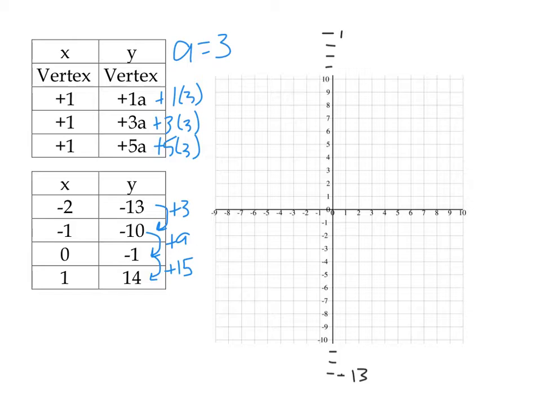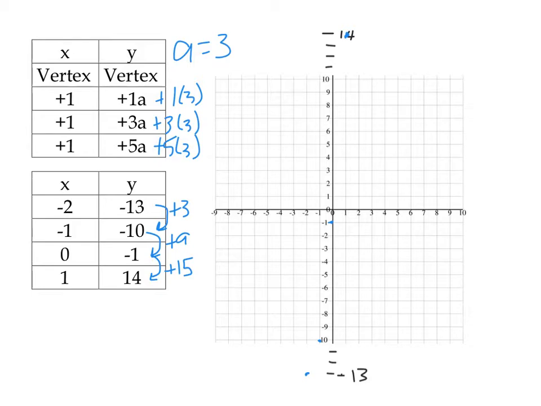We see we're going to have a y value of 14 from what we had there. So now if we graph those points, -2, -13, right around there, -1, -10. Again, these are the same values we had when we made our table the other way. It's not changing what the graph is going to look like. We get these points on one side of the vertex.